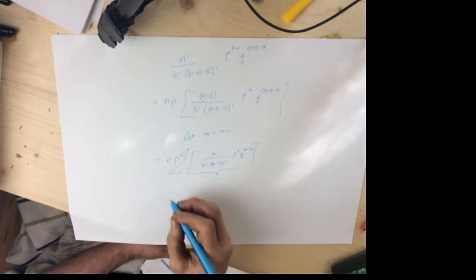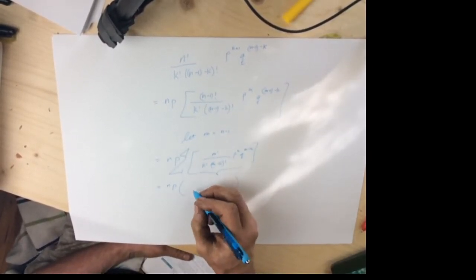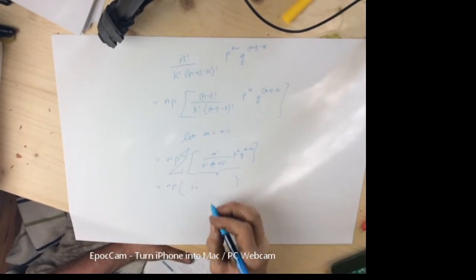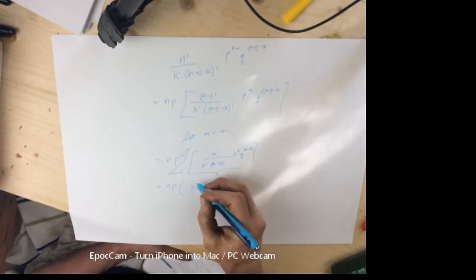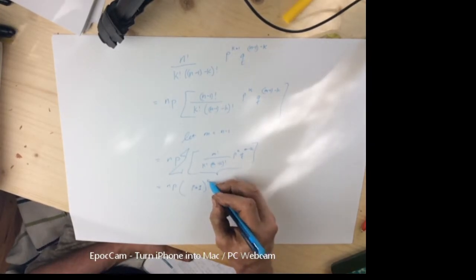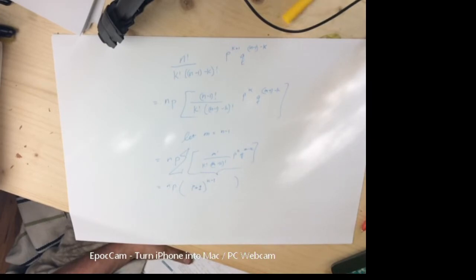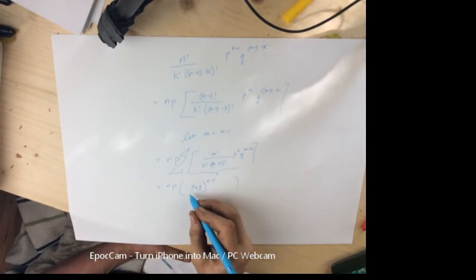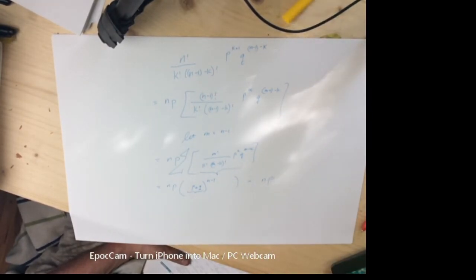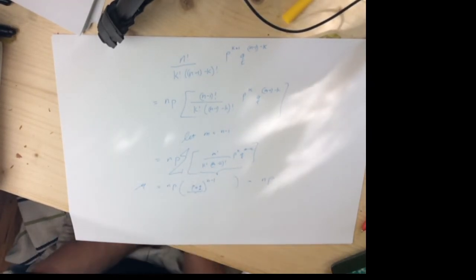And that binomial expression is known to add up to p plus q to the n minus 1. But p plus q is 1. So this is np. And we've just discovered that the expectation of the binomial is np.